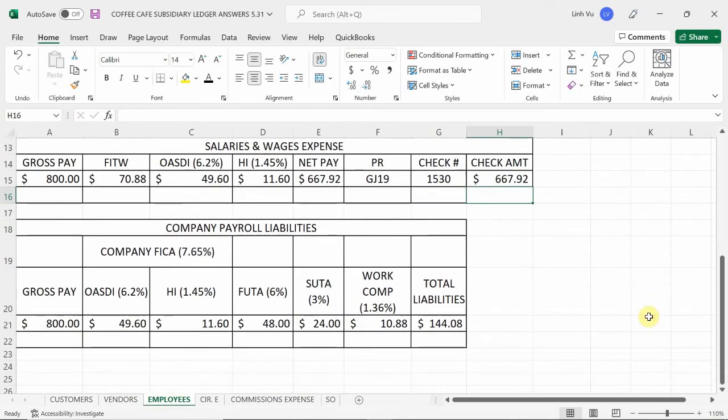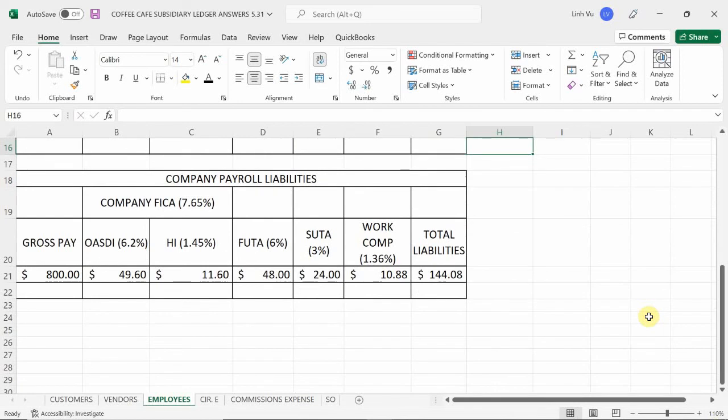Okay. And this is the company responsibility for paying into Irene, to protect her as an employee, but also to protect ourselves as well with the federal and the workers' compensation. So in this case, how do I journalize the company's responsibility for having Irene as an employee?